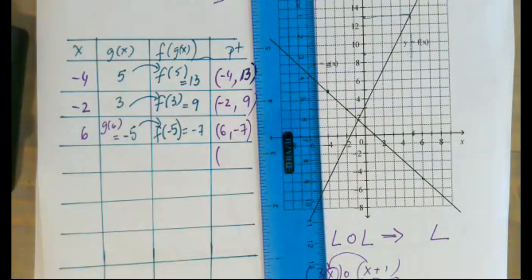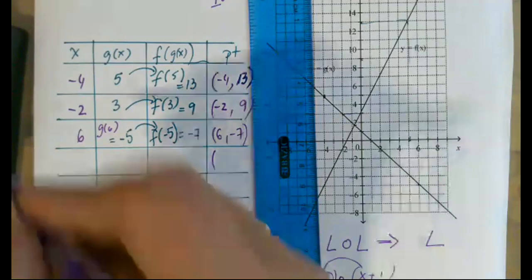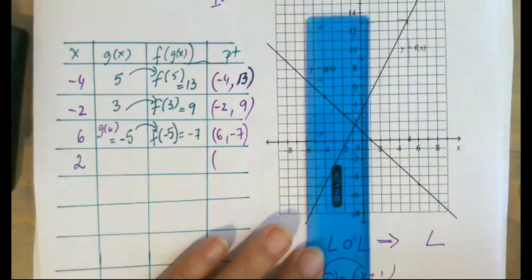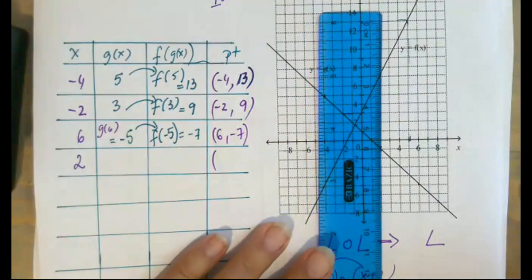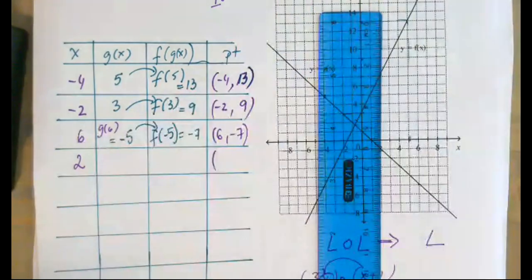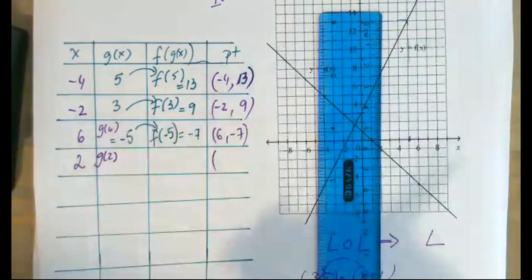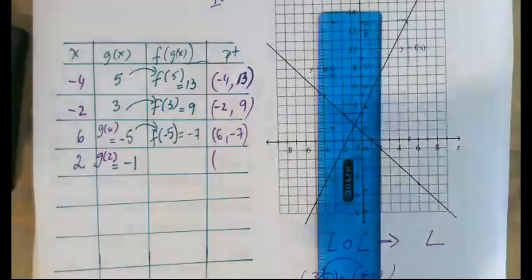Somebody else. Two. 2. Okay, let's do it. G at 2. -1. Good.